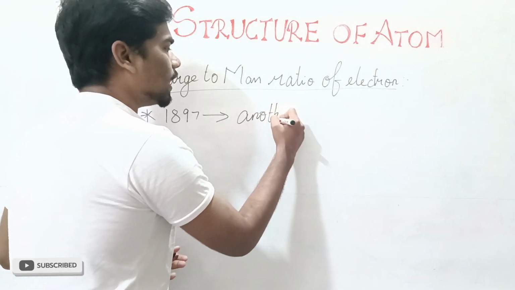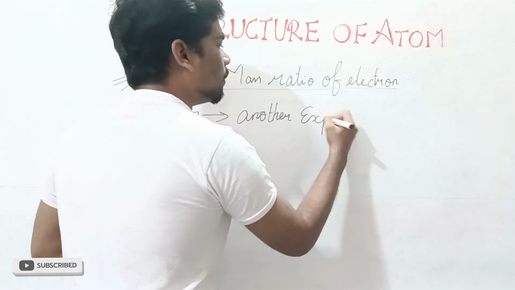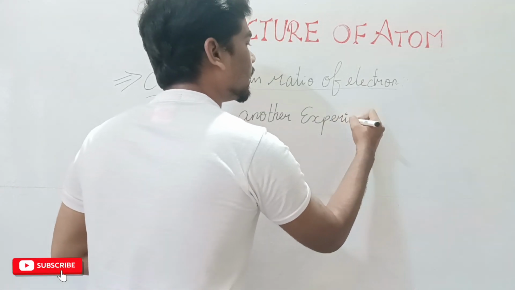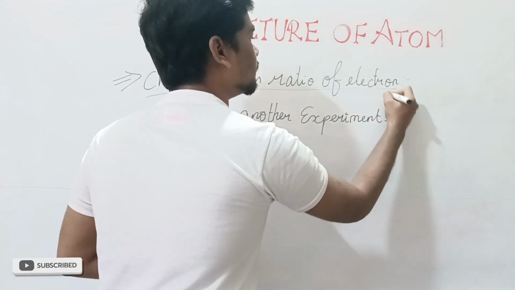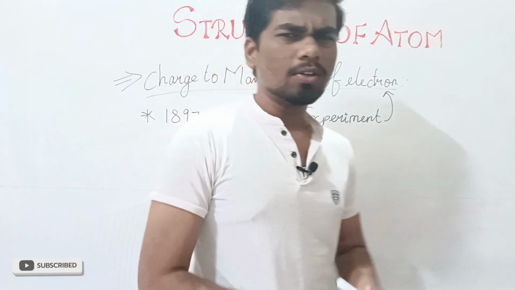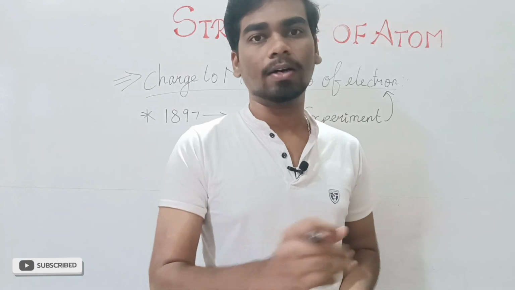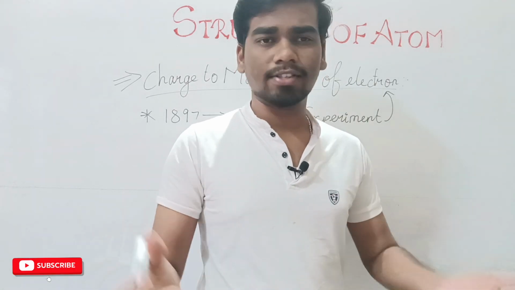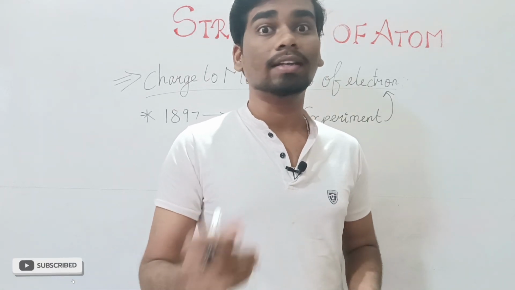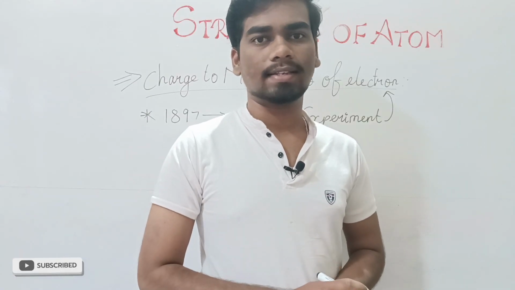In the same 1897, he did another experiment from which he was able to determine the charge to mass ratio of electron. So my dear friends, he found out that cathode rays consist of electron using a cathode ray tube experiment that I already told you in the last lecture.